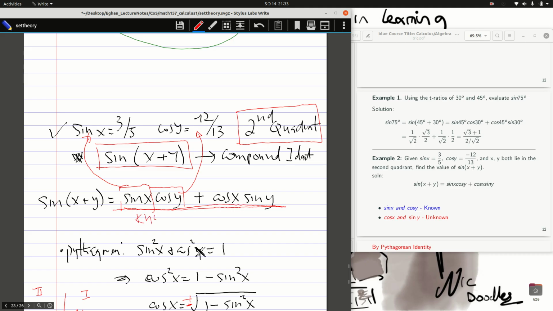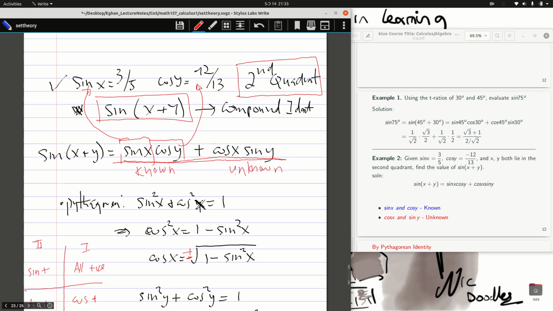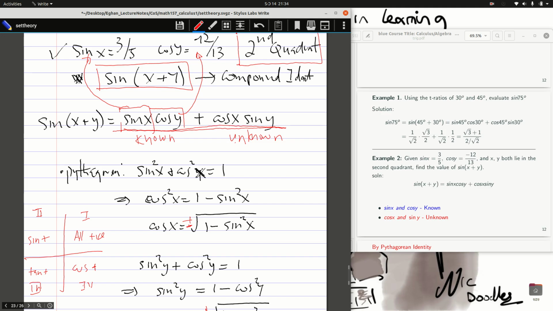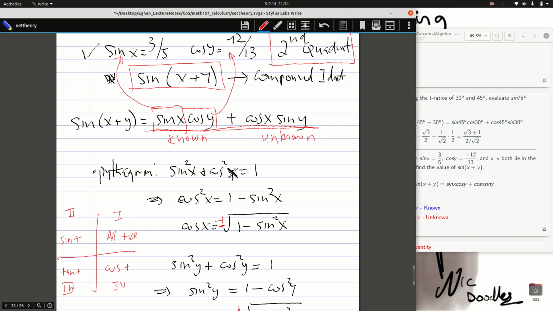It means these are unknown. I need to find them. And how do I do that? This is where the other identities come in handy. By the Pythagoras theorem, why do I say Pythagoras theorem? By the Pythagorean identity, sine square x plus cos square x equal to 1.